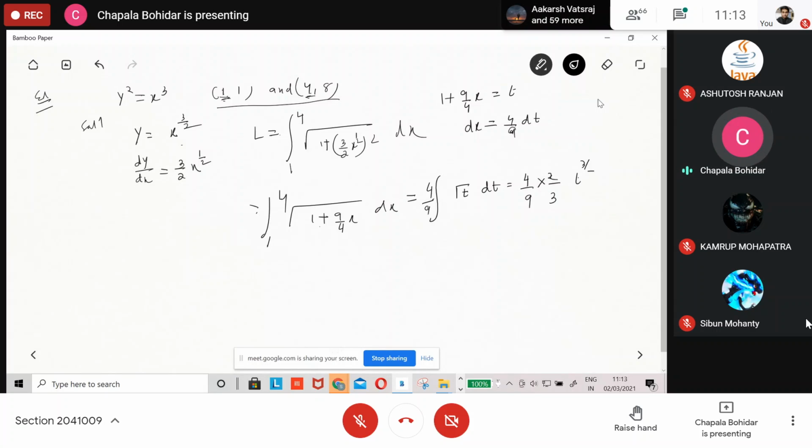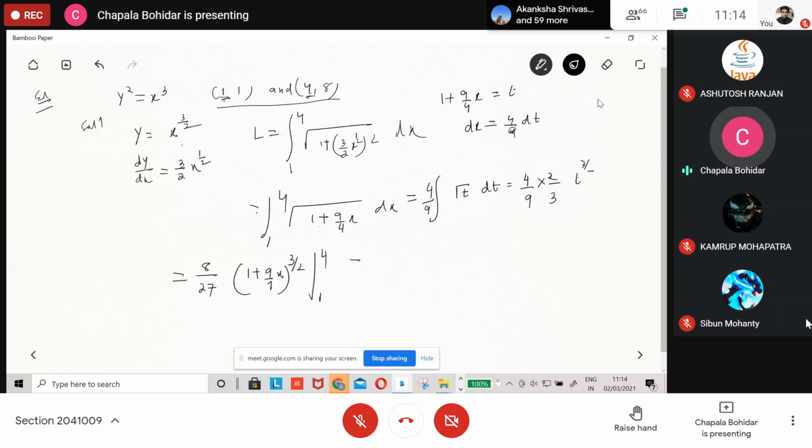So now I'm writing it as 8 by 27, where the value of t is equal to 1 plus 9 by 4 x, to the power 3 by 2. The limiting value now I write down, which is 1 to 2.